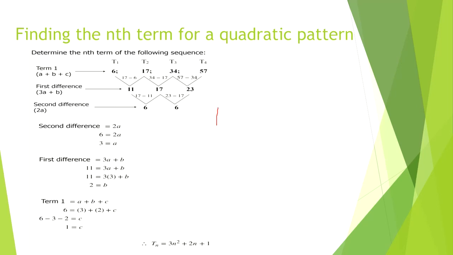It's T n is equal to a n squared plus b n plus c. It's hard drawing on this pad, but I hope you see that.